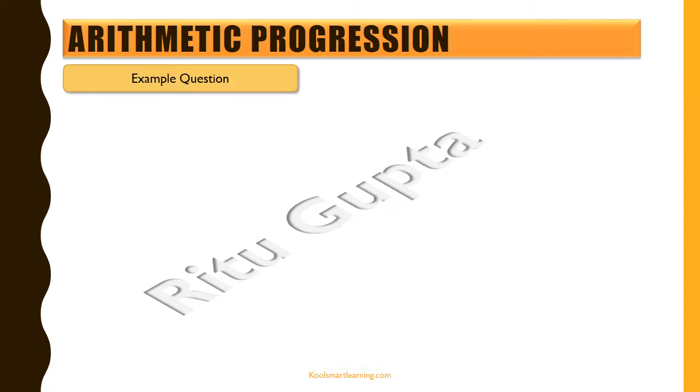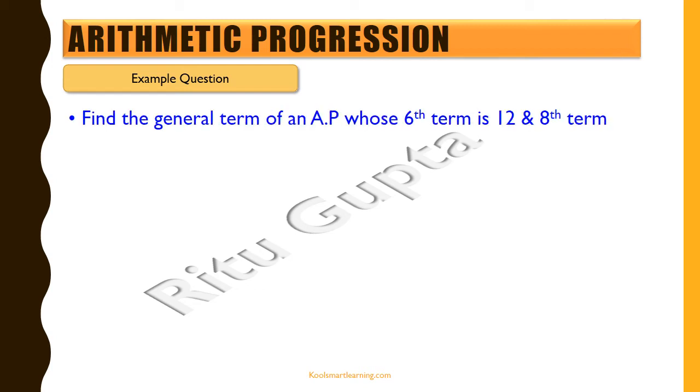Now let's look at an example question of arithmetic progression. We want to find out the general term of an AP whose 6th term is 12 and 8th term is 22.